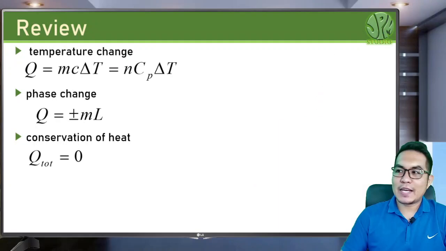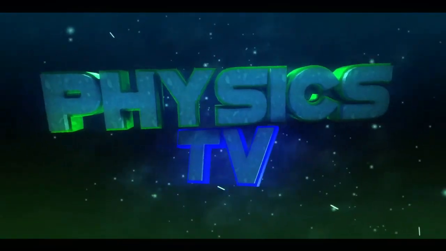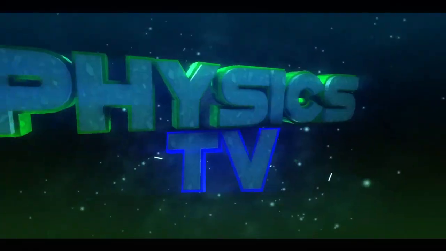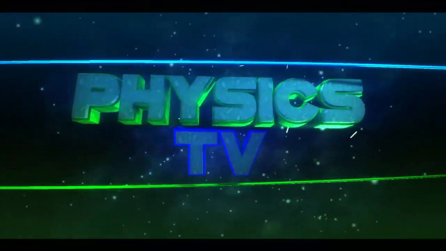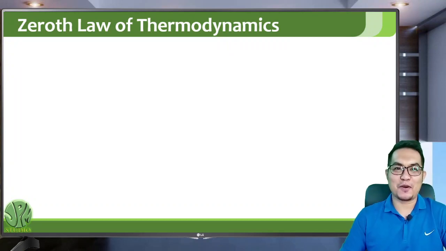For this lesson, we will be discussing the first law of thermodynamics. But before we proceed, there's actually a much more fundamental law, more fundamental than the first and second law of thermodynamics.